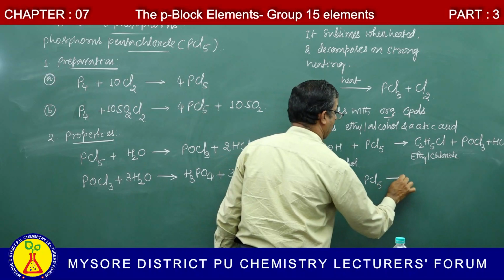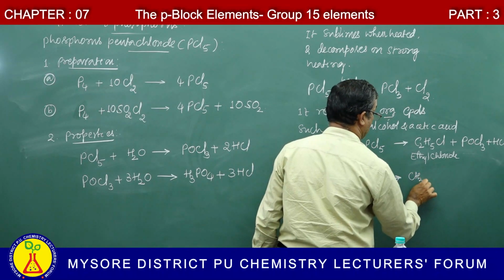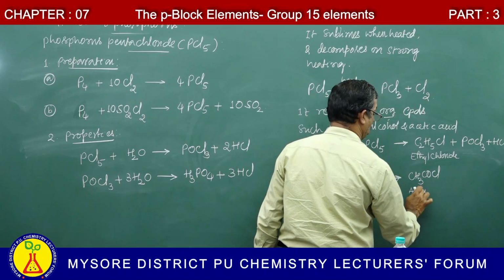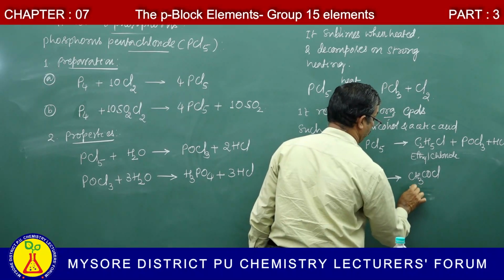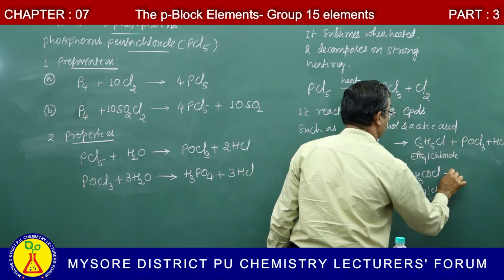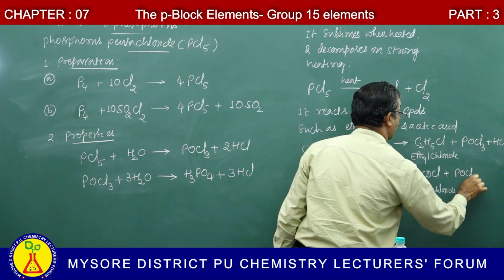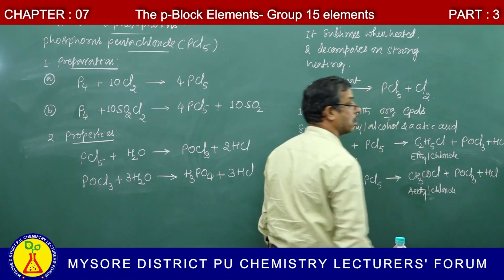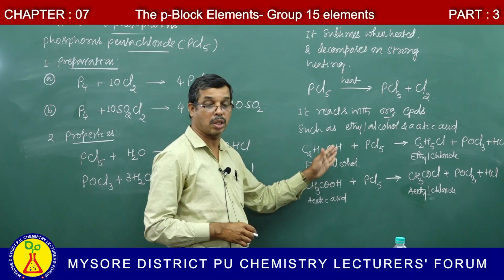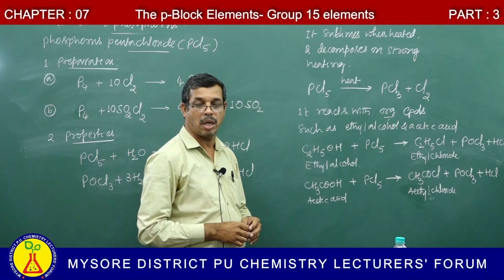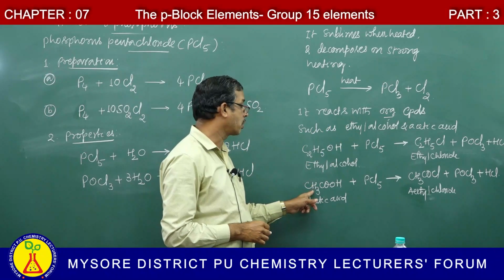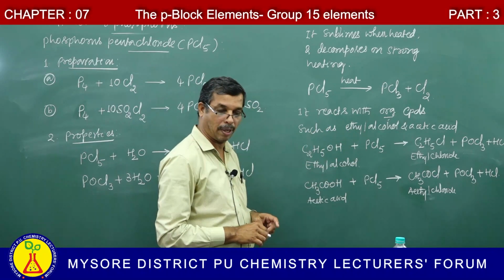Combines with PCl5 and gives CH3COCl. This is acetyl chloride, POCl3 and HCl. This is all about the reaction of PCl5 with organic compounds containing hydroxyl group. So, with ethyl alcohol it gives ethyl chloride, with acetic acid it gives acetyl chloride.